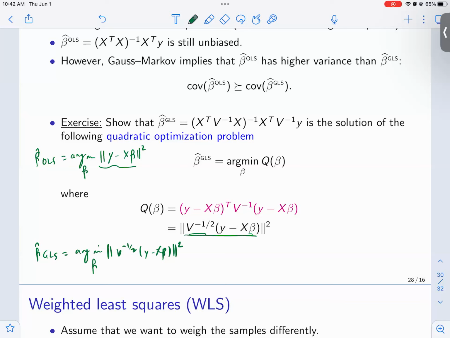You can take a derivative of that, but from this you can see V to the negative 1/2 times y is y tilde, V to the negative 1/2 times X is X tilde. So this is really y tilde minus X tilde beta. And we know that minimizing this over beta gives you the OLS in this transformed model, which is the GLS. So this is sort of obvious.